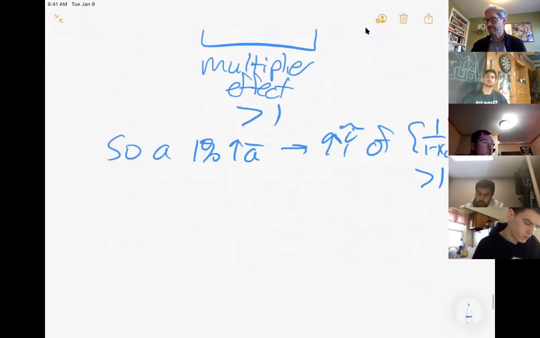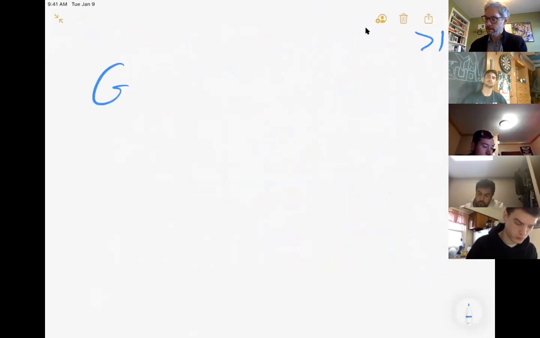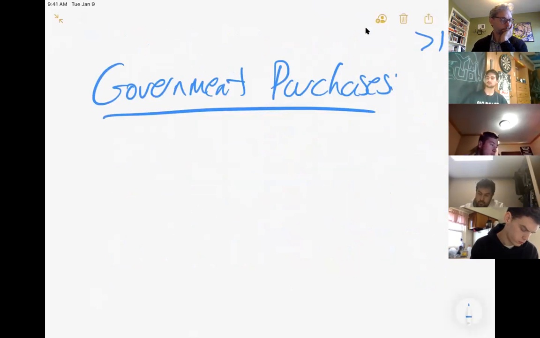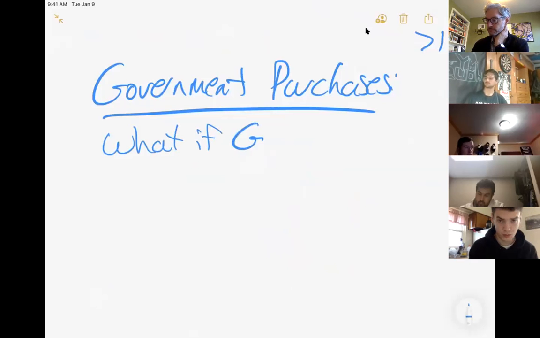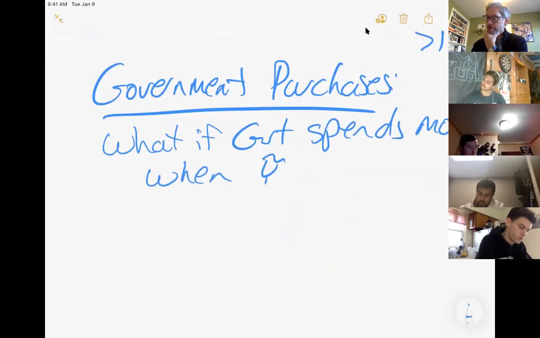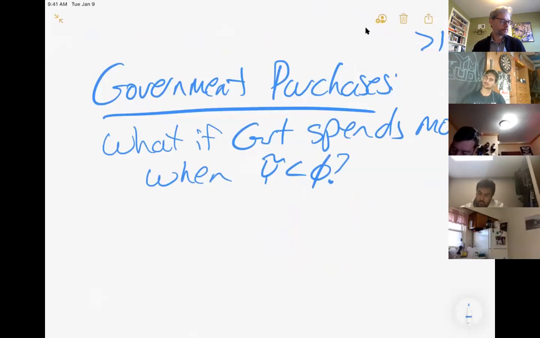Let's look at another example of this. How about government purchases? What happens if government policy is written so that the government spends more when short-run output is less than 0? This is what we call automatic stabilizers.